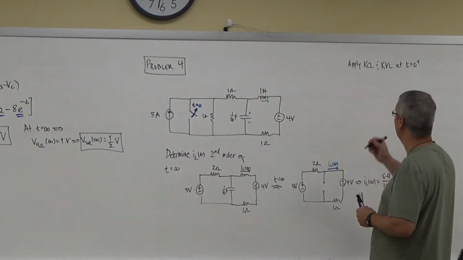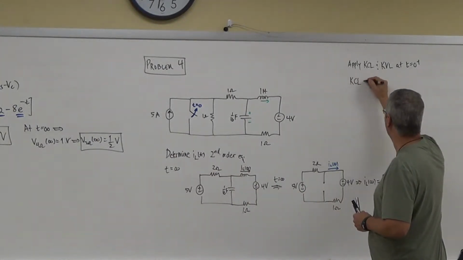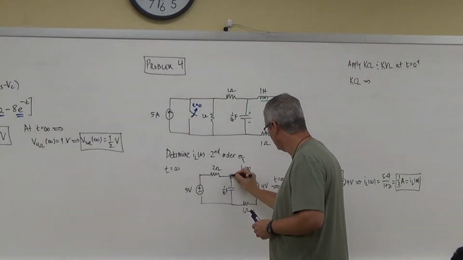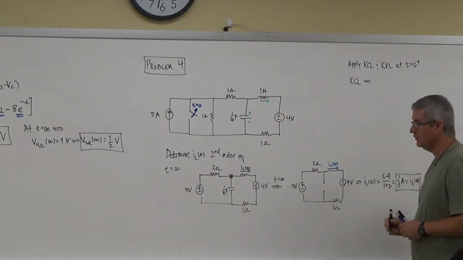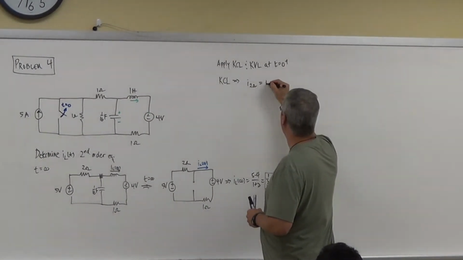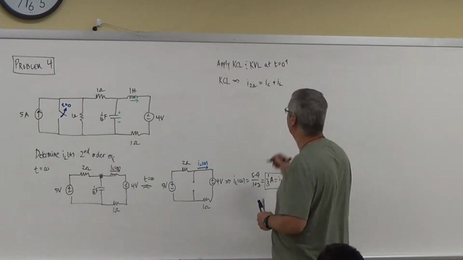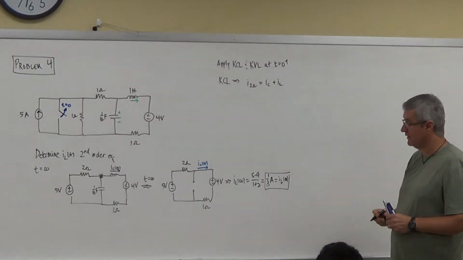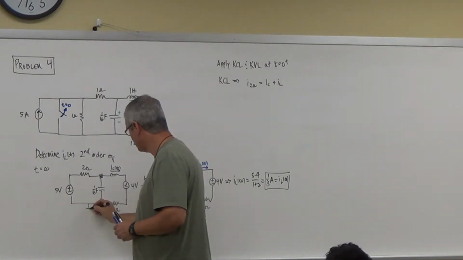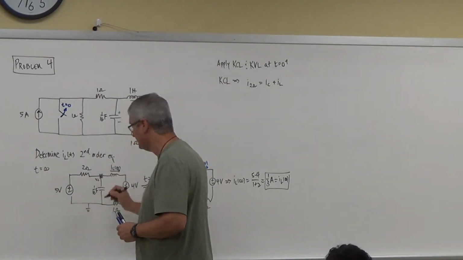So if I look at KCL at the start right here, at that node, we can see here that I2 has to equal IC plus IL. And I'm going to keep changing it now. Now note, this node right here, assuming I make this ground, has to be VC.